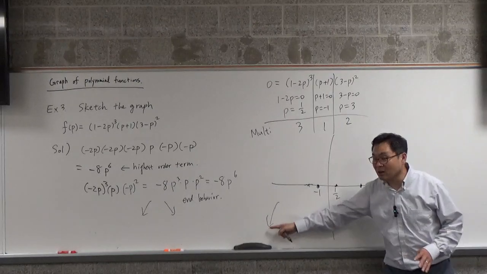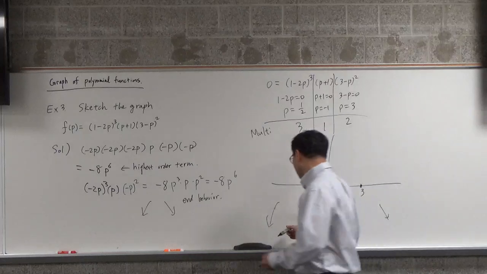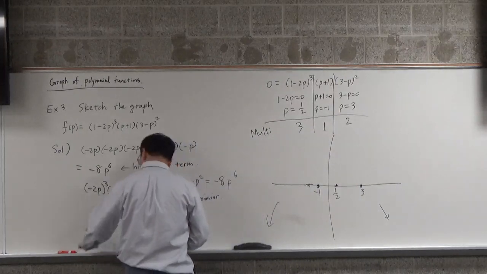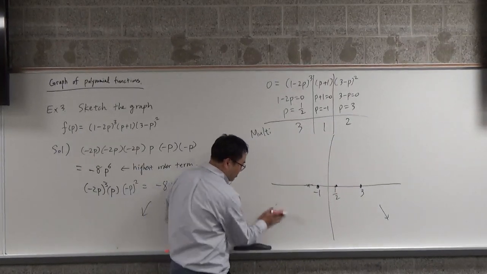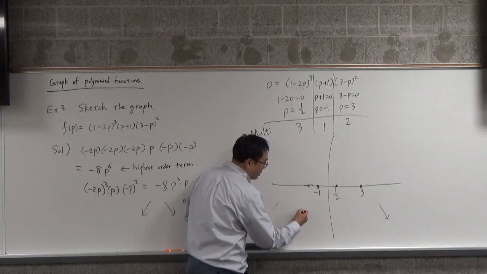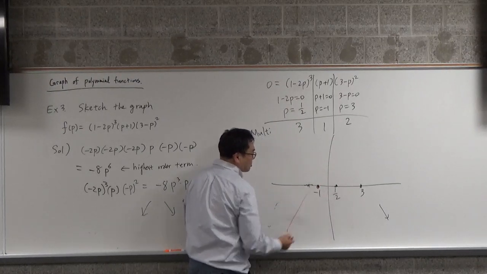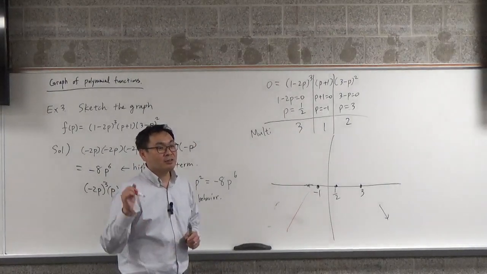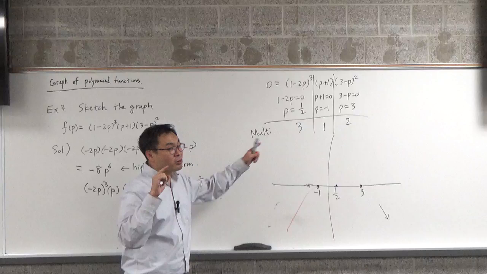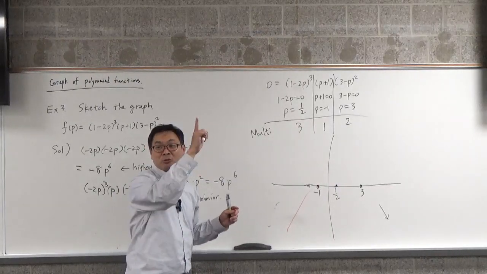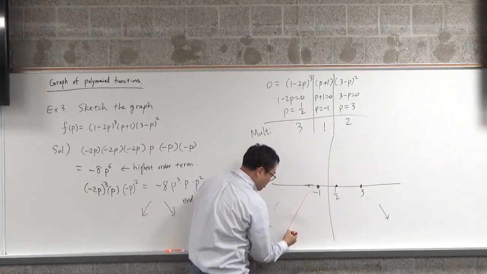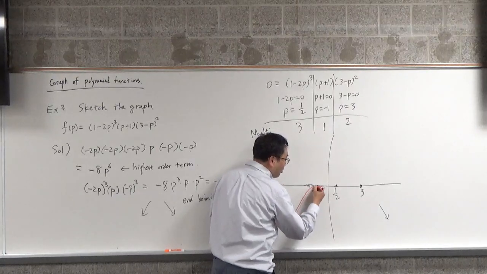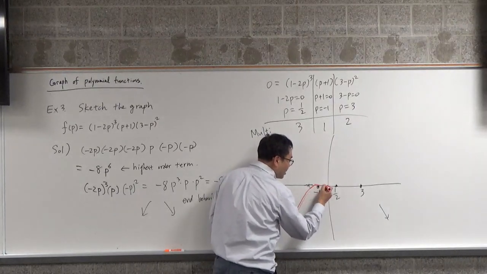Since you're coming off of here, let's start from the bottom. Come up from here. We're stopping at negative 1. What happens at negative 1? It cuts through, but it's order 3, so it's almost horizontal, and then increases.